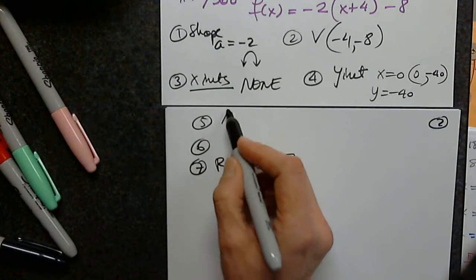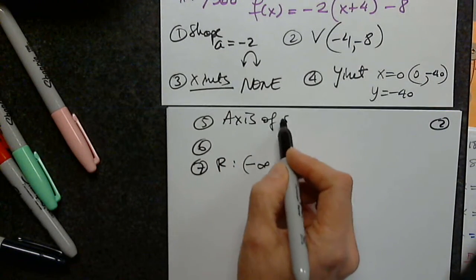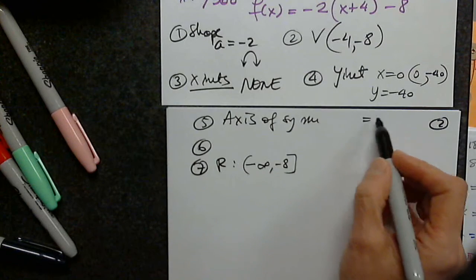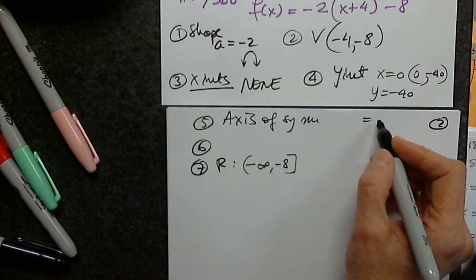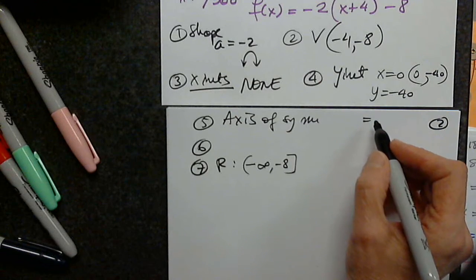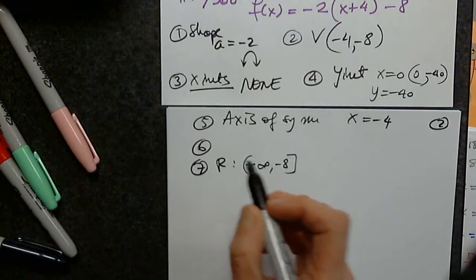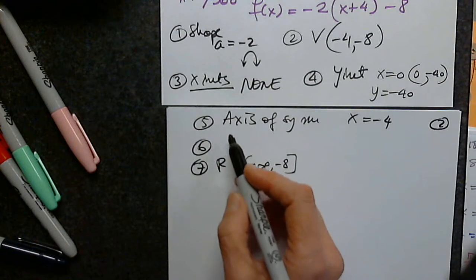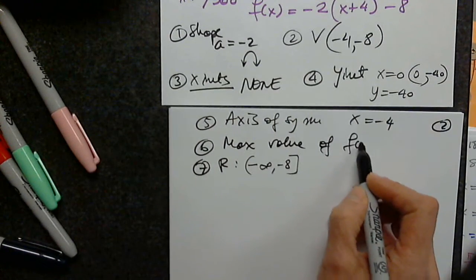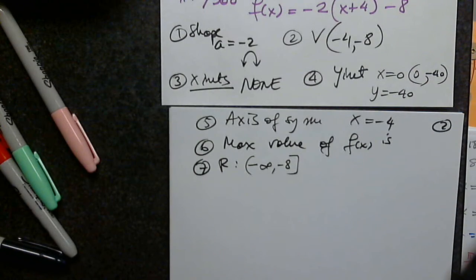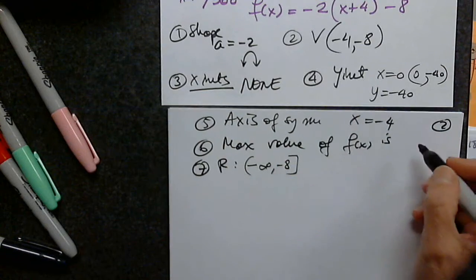So 5 is the axis of symmetry. x equals negative 4, not just negative 4. Say it again. Awesome. And then the maximum value of function f of x is negative 8.